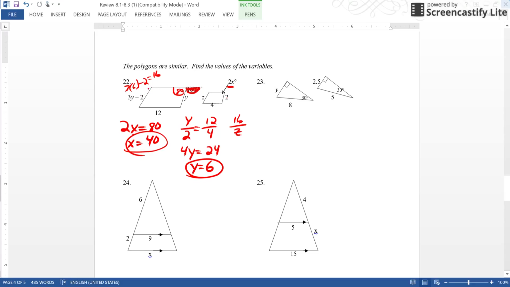So this side right here over this side equals, we'll do 12 over 4. So I get 12z equals 16 times 4, 64. Z equals 16 over 3, or a decimal after we reduce. Okay?